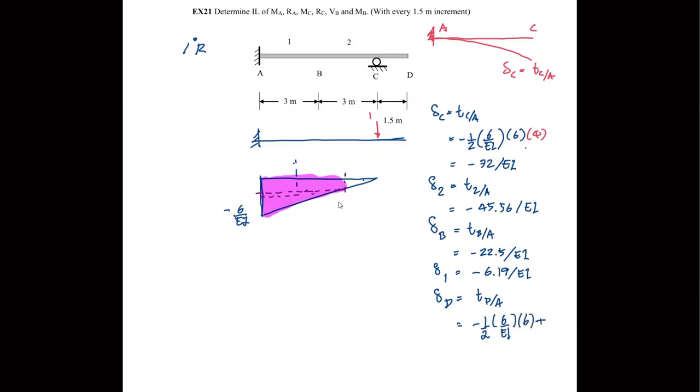But now, oh, sorry, the moment arm becomes 4 plus 1.5. And you would expect this to be a straight line. And this is 99 over EI.